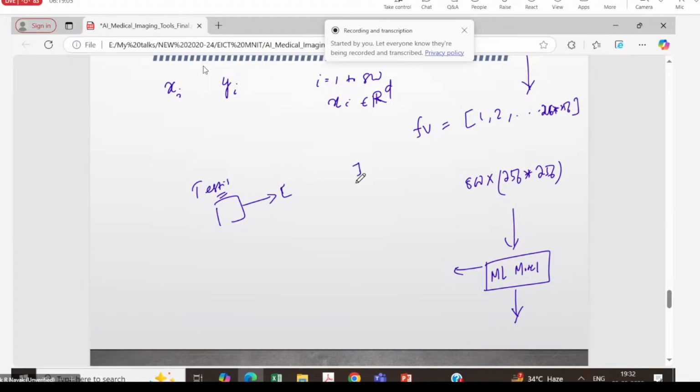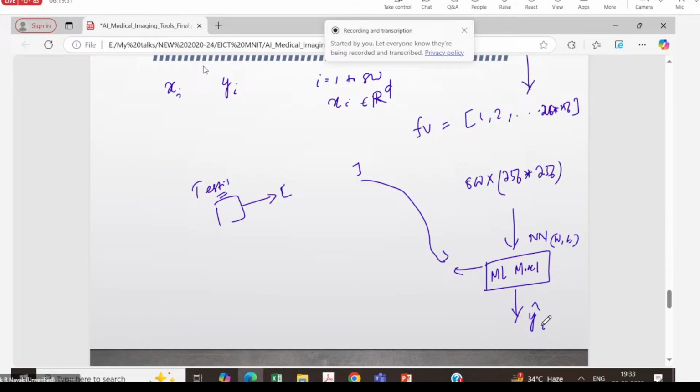Here we are not doing any feature extraction, we are simply converting. Then you pass it to this machine learning model. The model has already been trained, that means the parameters of this model have already been optimized. If you are considering a neural network, then parameters like weights and biases have already been optimized. You can just pass this vector to it and predict the values from the other end.